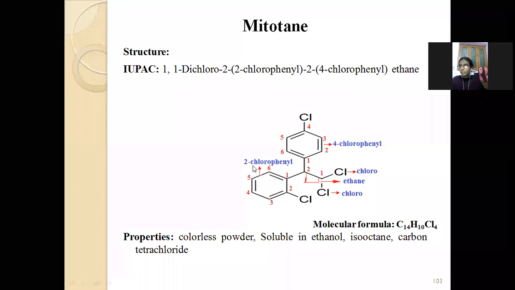And in the fourth position the chlorine atom is there, so it is 4-chlorophenyl, commonly known as 1,1-dichloro-2-(2-chlorophenyl)-2-(4-chlorophenyl)ethane. I will explain it again.